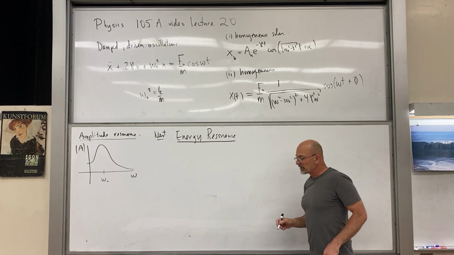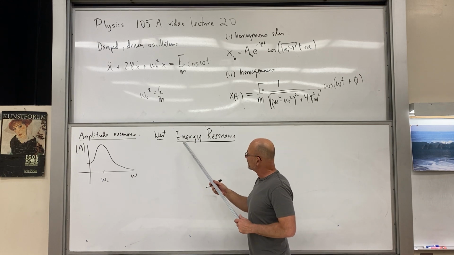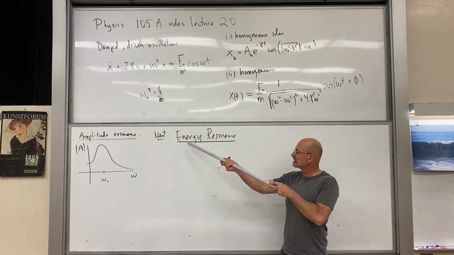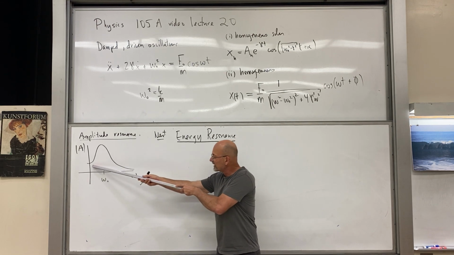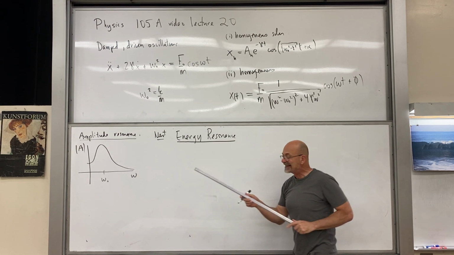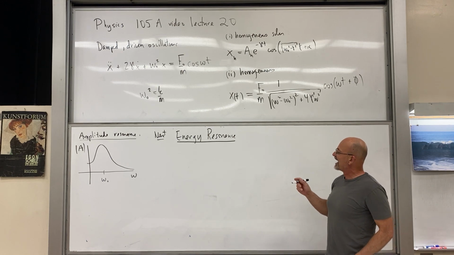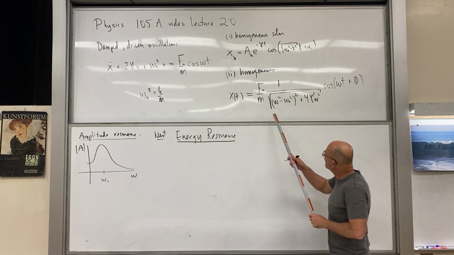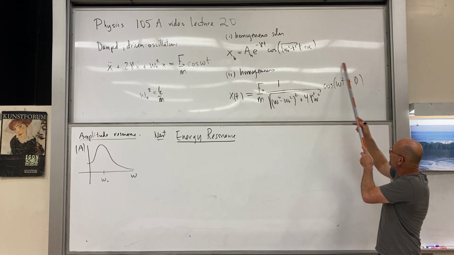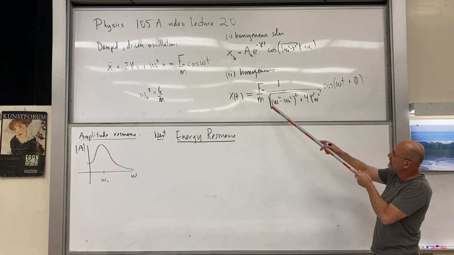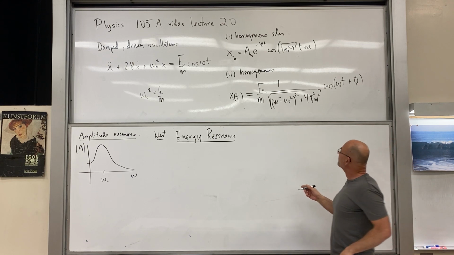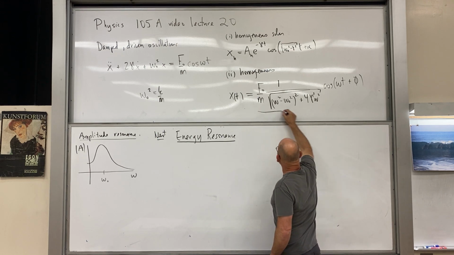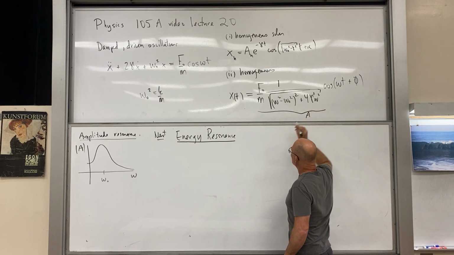So for the energy resonance, instead of the amplitude, we're going to construct and calculate the energy. We're going to get something similar to this, but actually easier to analyze. Good, so we need the energy of this oscillating system here, this driven system. And this again is just the amplitude.